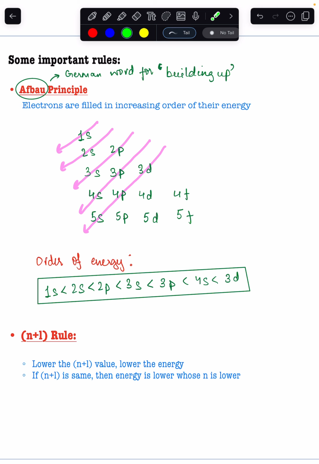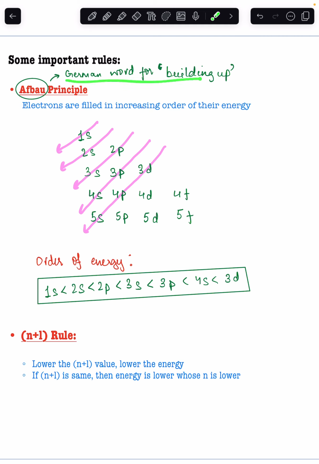I think the statement is very clear in itself. And Aufbau, I just wrote it as side information. It does not really have any relevance, but for side information you can know that Aufbau is the German word for building up.